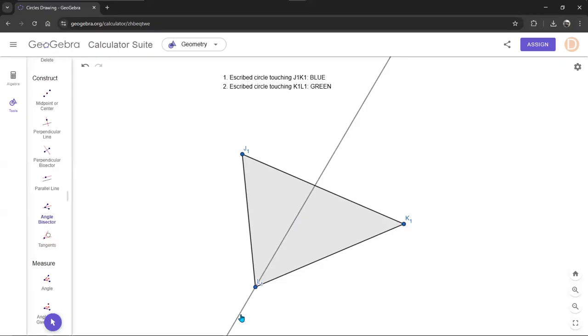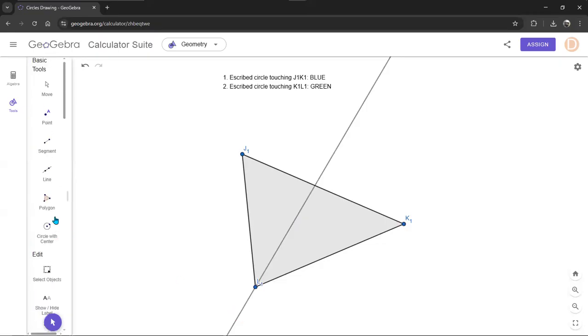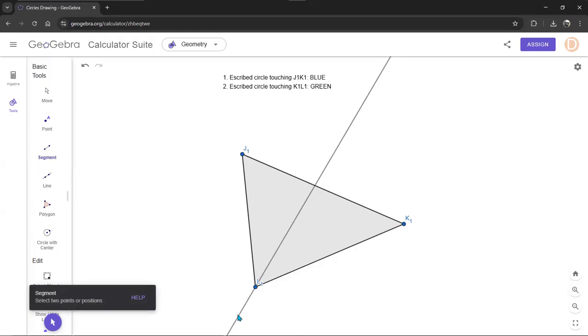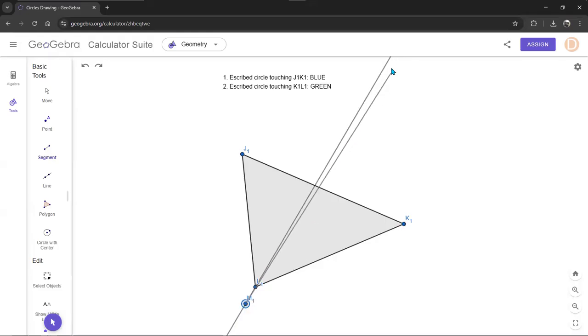Then since we don't need those long lines, we just trim it. Okay, we may not trim it up there since we don't know where the center will be. Let me just make it longer.